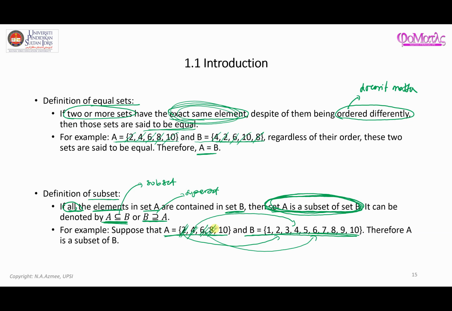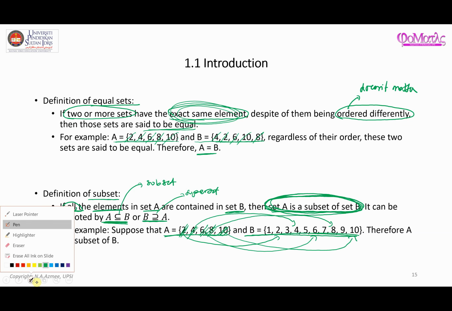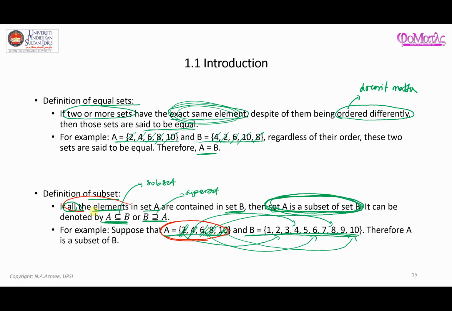We've got 8, 8 is over here, and we've got 10, 10 is somewhere here. So we can see clearly that all of the elements in A are contained in B. Therefore, in this case, A is clearly a subset of B.